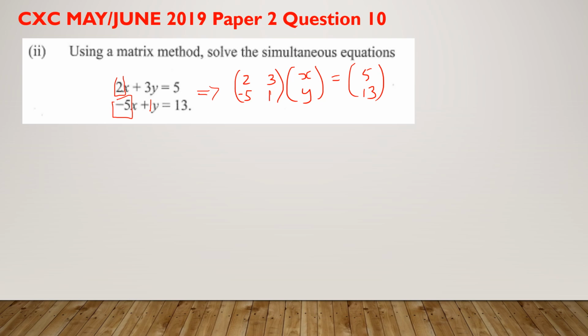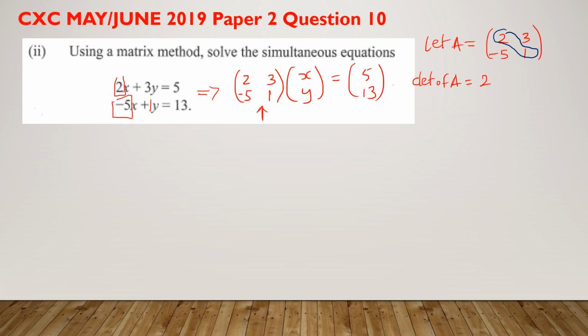So now we're going to find the determinant. So I'm going to say of this matrix, you say let A equals 2, 3, -5, 1. Determinant is equals to, we're going to multiply these two values here.